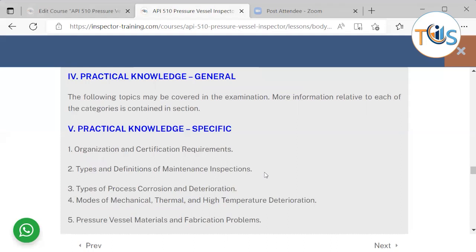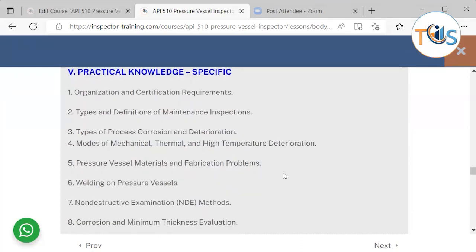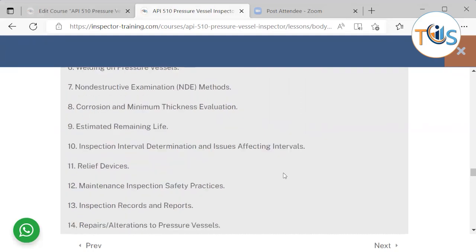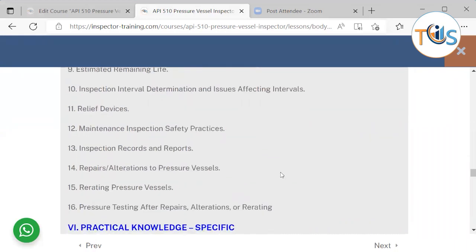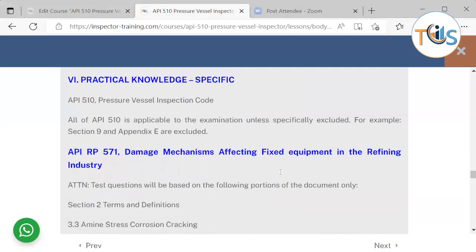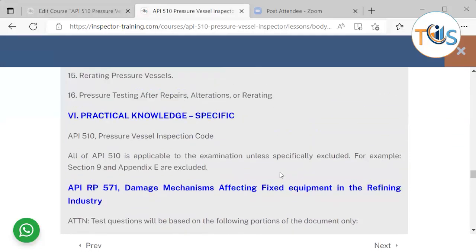For the specific, at least 20 questions are coming from here: the organization, certification requirements, types of inspection, corrosion and deterioration, welding of pressure vessel material, and these are all practical questions that come from codes, recommended practices, estimated remaining life, safety practices, reports, records, re-rating, and in the following modules we'll talk about them.